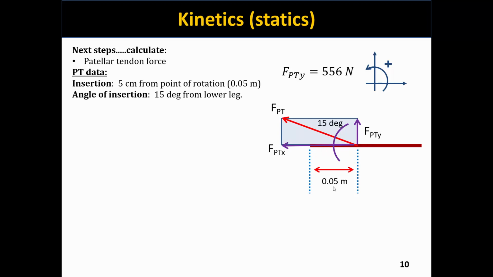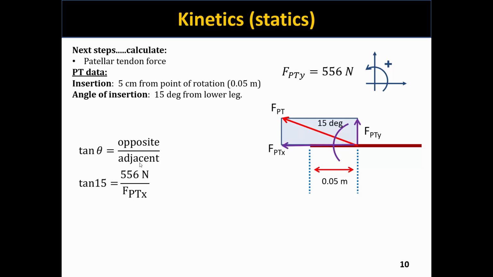And so using these data, we'll be able to perform some additional calculations and solve for our x component and eventually get to the full resultant patellar tendon force. And for this, I'm going to use the tangent function, or tan theta, which is equal to the opposite divided by the adjacent length.